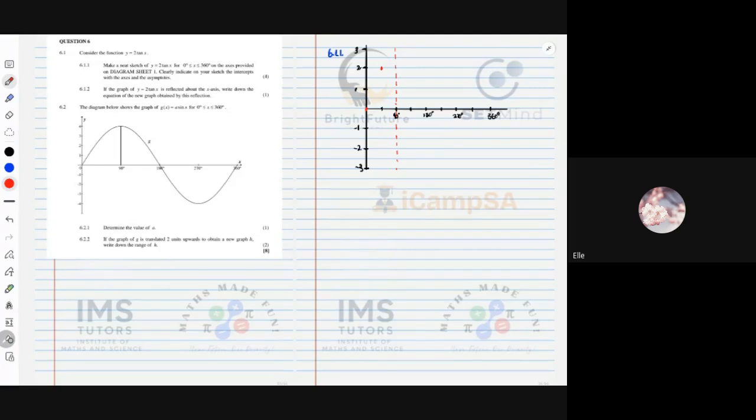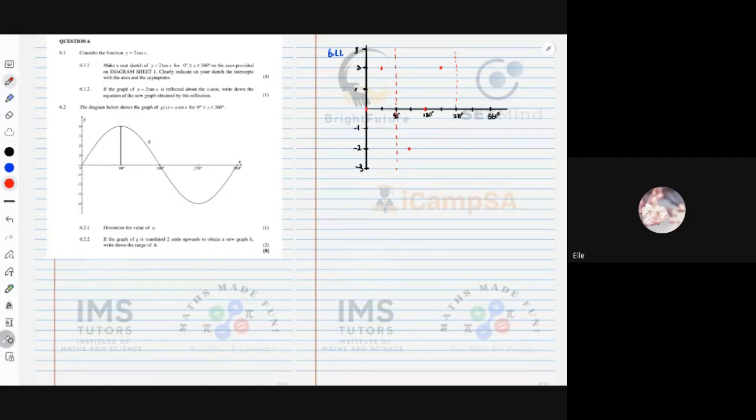Okay, from 90, let's go to 135. At 135, we're carrying a minus 2. And then 180 is 0. 225 is 2. 270 is again our asymptote.